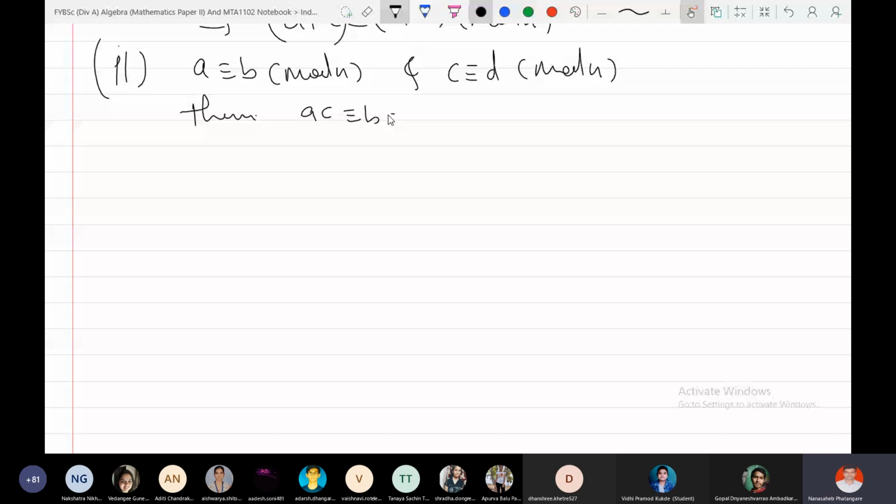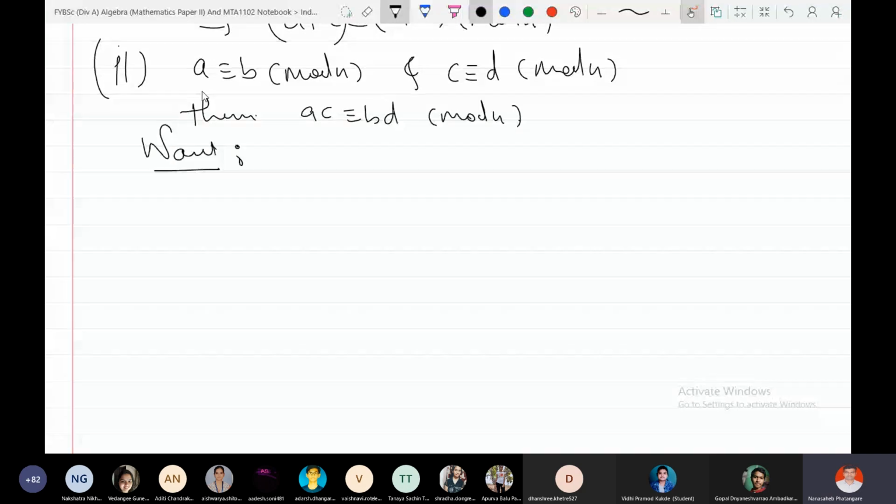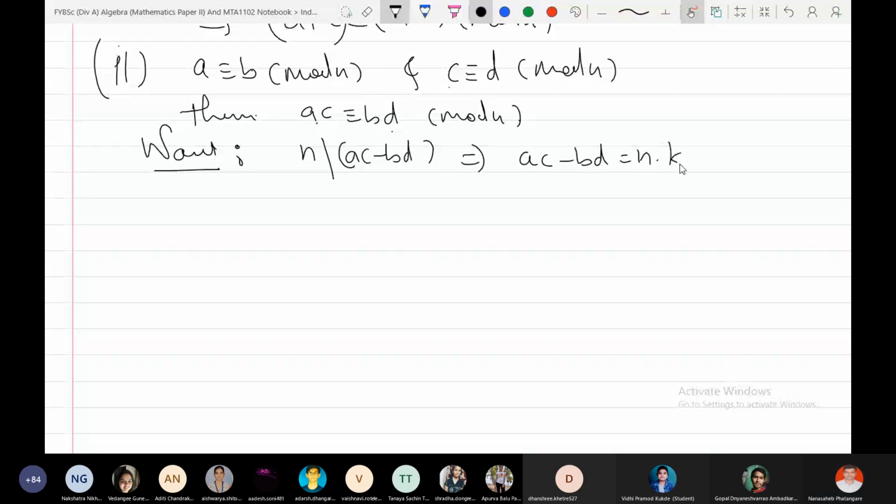That means we can multiply these two congruences. That means n divides AC minus BD. This we want. That means AC minus BD is equal to n times k for some integer. This we want, right?